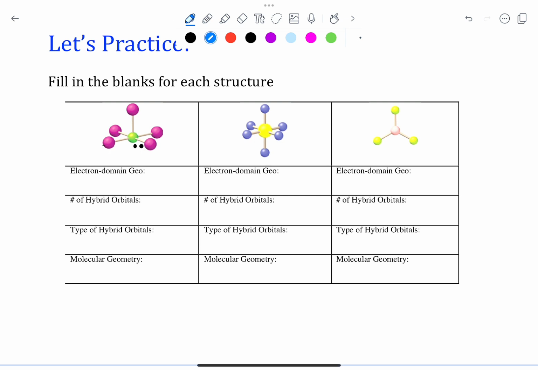My PowerPoint here has a small typo. This should be a lone pair there. There we go. Okay, so those 2 lone pairs, hopefully it didn't get messed up on the lecture pack, are on that central green atom. Okay, so pause the video and fill out as much of this table as you can.